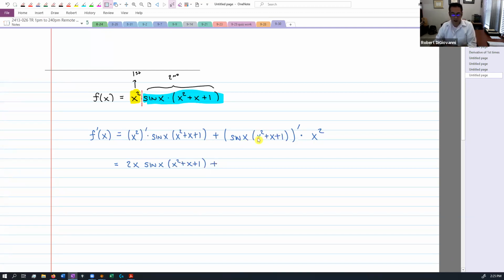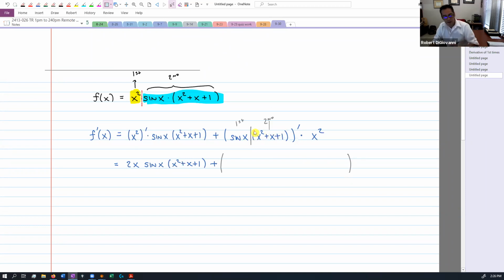Plus, all right, now I've got to take the derivative of this, but it's a product, right? So that means I have to do the product rule on this. Y'all see that? I'm going to just put it all in parentheses so we don't get lost here. Now I've got like a new first and a new second.